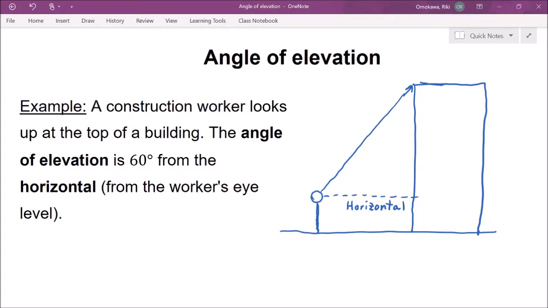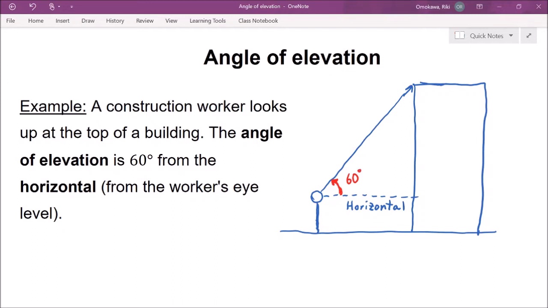But then he's not looking forward, right? He's looking up. Maybe he started looking forward and then he turns his head up to look at the top. And this angle is how much he would have to turn his head, right? So that angle right there between the horizontal and where he's actually looking is this angle of elevation. And in this case, the angle is 60 degrees.